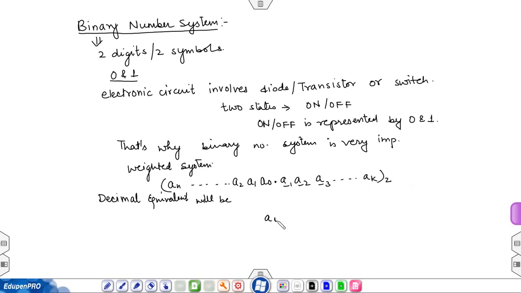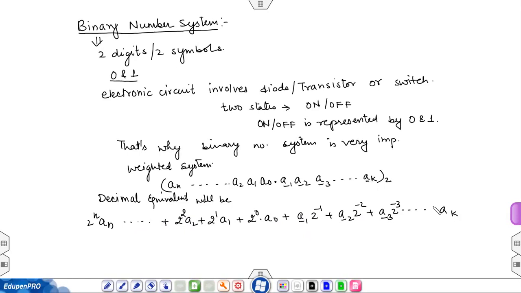The decimal equivalent will be A0 times 2 to the power 0, since the base is 2, plus A1 times 2 to the power 1, plus A2 times 2 to the power 2, plus A3 and so on, AN times 2 to the power n, plus A minus 1 times 2 to the power minus 1, plus A minus 2 times 2 to the power minus 2, plus A minus 3 times 2 to the power minus 3, and A minus k times 2 to the power minus k.